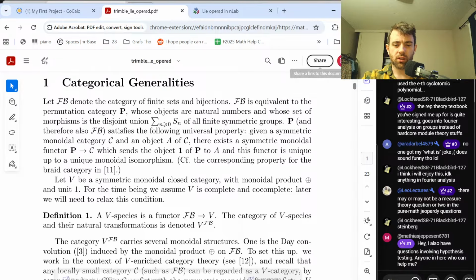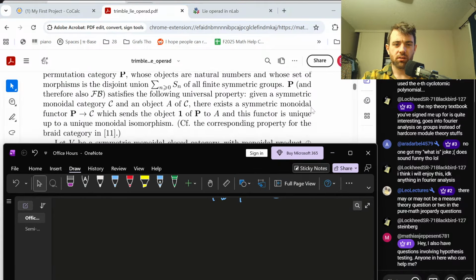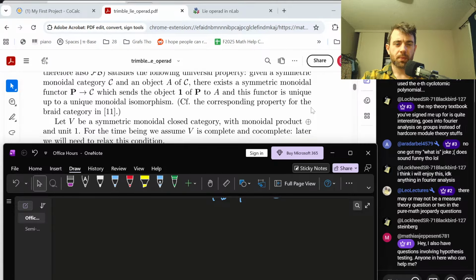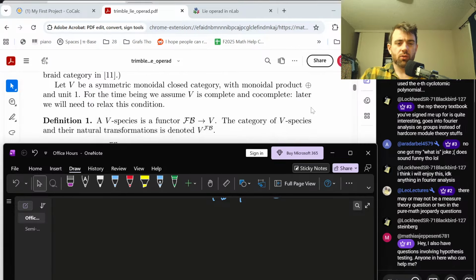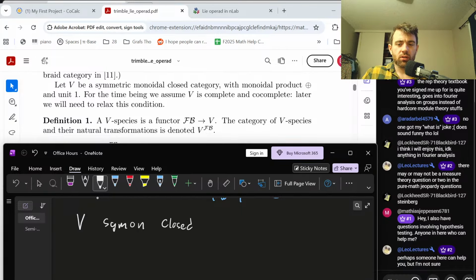God, I wish I could make some of these extra bars disappear. Okay. So, V is symmetric, monoidal, and closed with monoidal product this and unit 1.